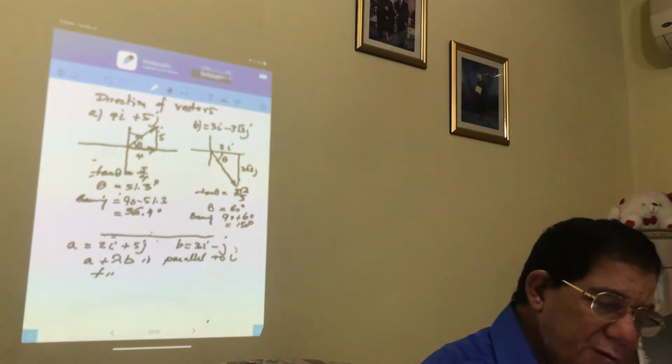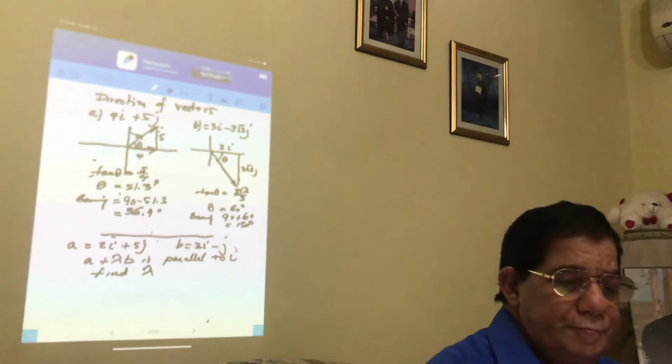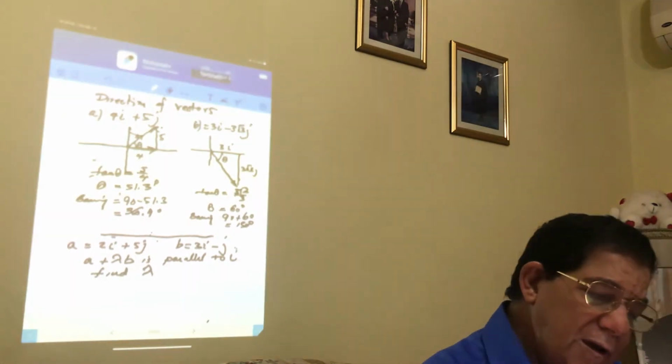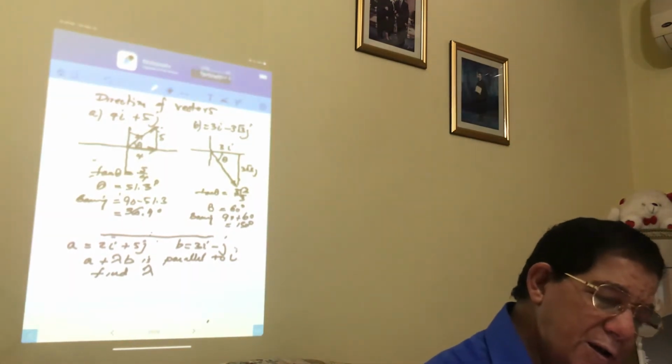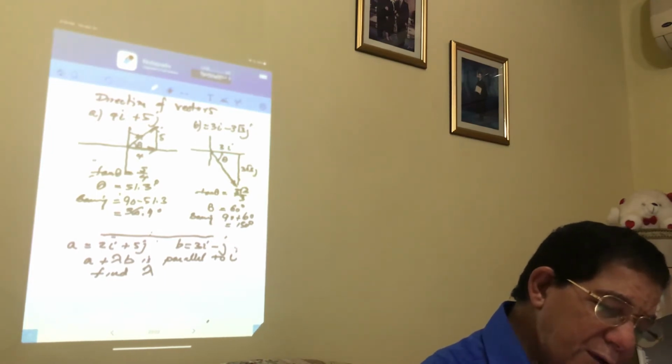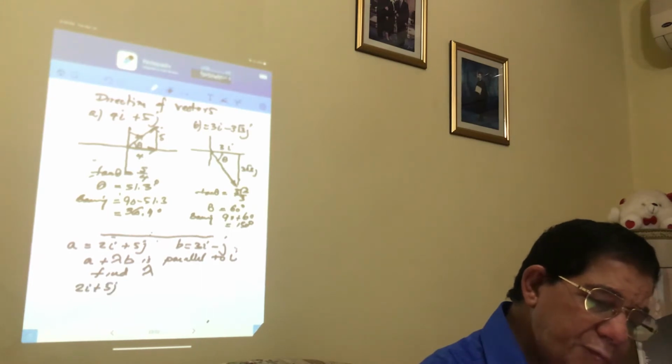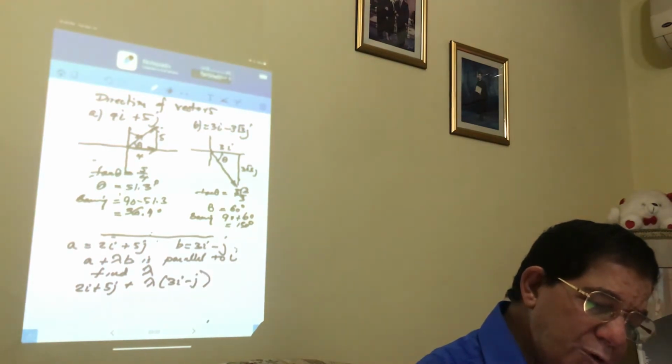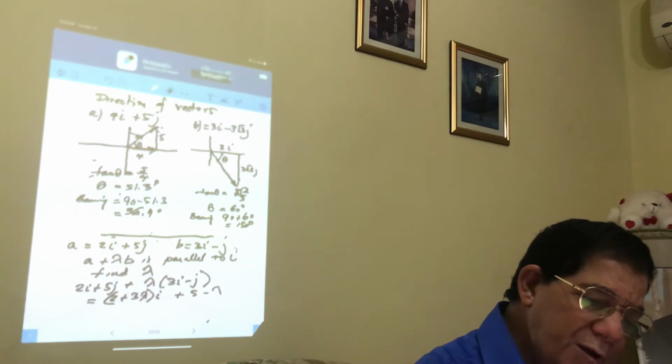Find lambda. A plus lambda B equal to i. A plus lambda B, we say 2i plus 5j plus lambda times 3i minus j. This would be 2 plus 3 lambda i plus 5 minus lambda j.